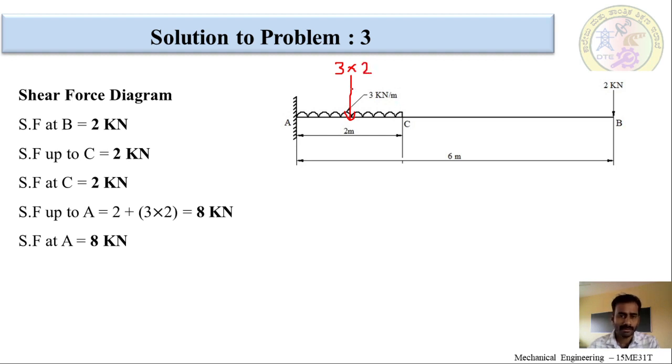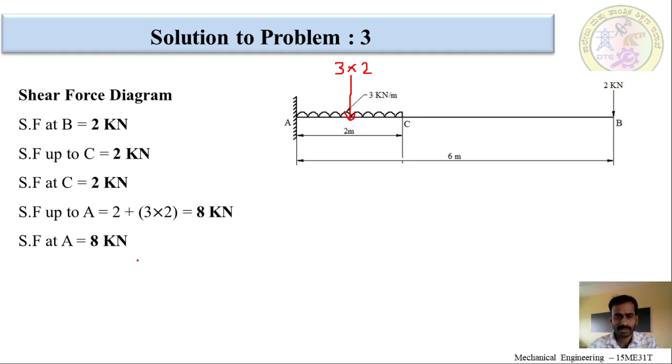Now, for calculation of shear force up to A, we have two loads, one at B and one at the center of A and C. So, 2 plus 3 into 2 is the load, which is 2 plus 6, equal to 8 kilonewtons. Now, the shear force at A is again the same, 8.